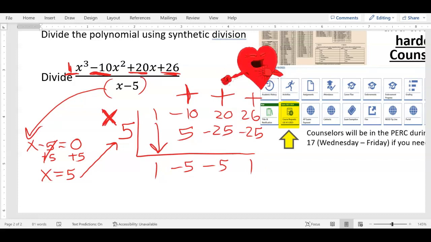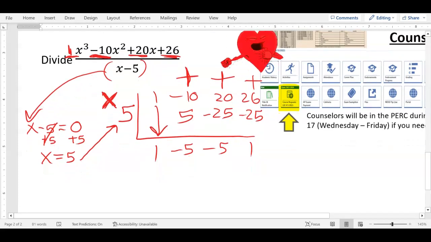So first step is, can you get to these numbers? Second step is, can you turn that into the answer? So remember, what's the biggest exponent right here? The cubed. So this one's going to be take away 1. This is going to be my squared term, okay? So let's go ahead and write this. That first term is squared, so 1x squared. Now the next one is minus 5x.